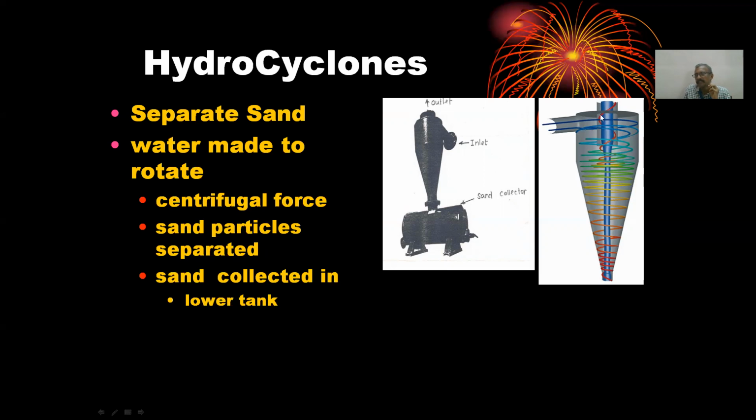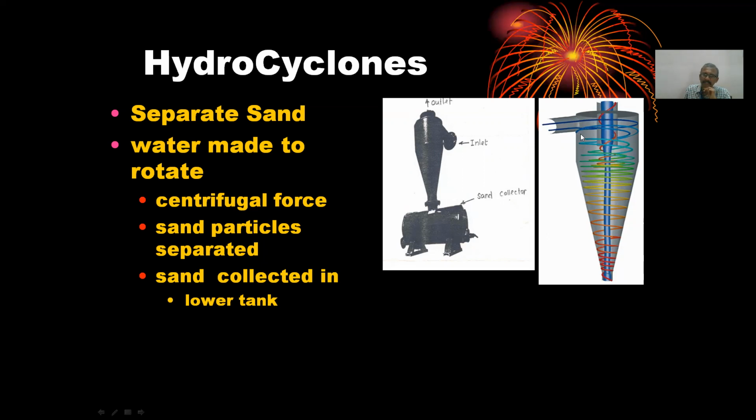And during the rotation process, they hit the walls. They lose their energy, and all the sand particles get collected at the bottom in the sand collector, and good water goes out. There is no filtering medium in the hydrocyclone. That should be kept in mind. The water is made to rotate.